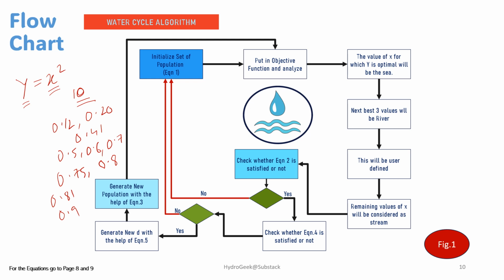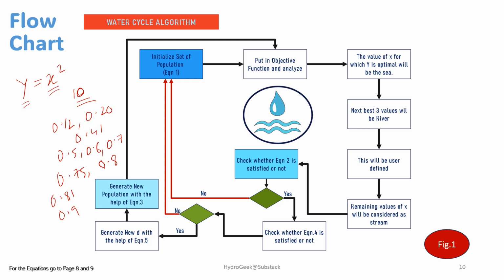And these 10 values I will now put into my objective equation, or my cost function. I have already explained why it is a cost function and not a profit function.